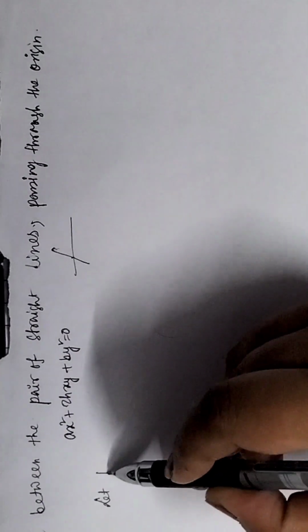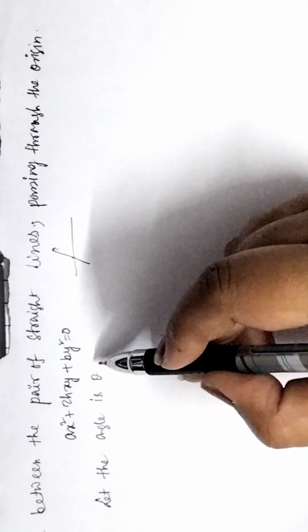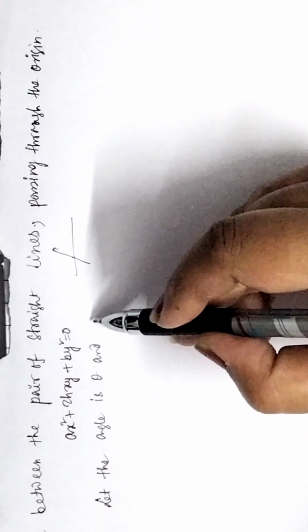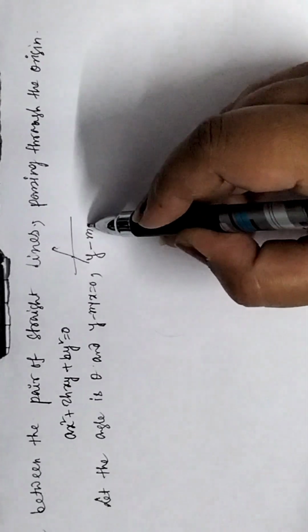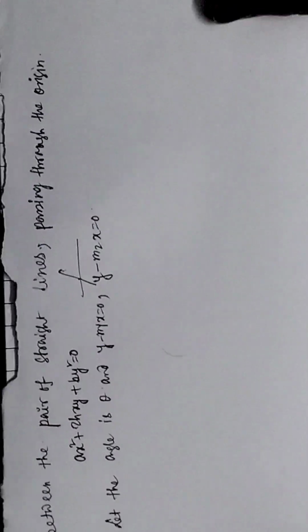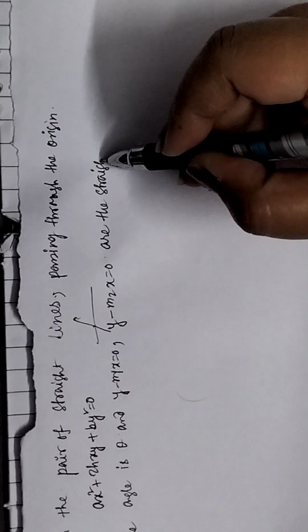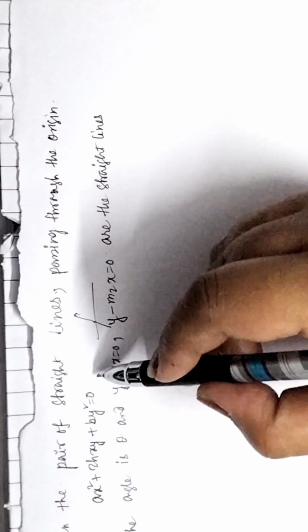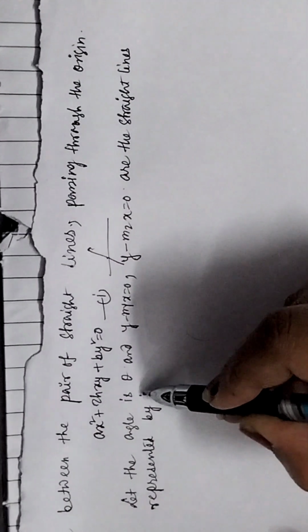Let the angle be theta, and y minus m1x equals to 0, y minus m2x equals to 0 are the straight lines represented by, suppose this is equation 1, this homogeneous equation, right?